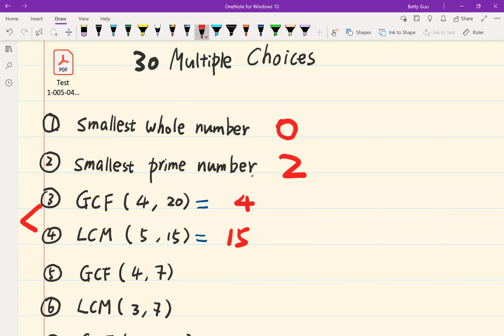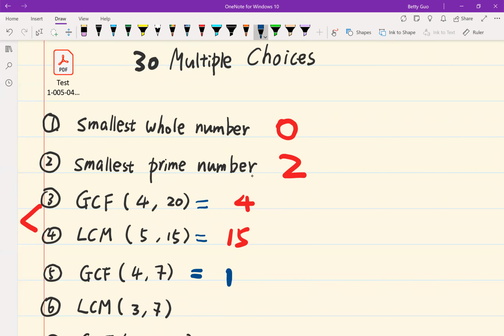Number 5, what's the GCF of 4 and 7? You're going to choose one number. The answer is 1. They do not have any common prime factor, and the only common factor is 1.